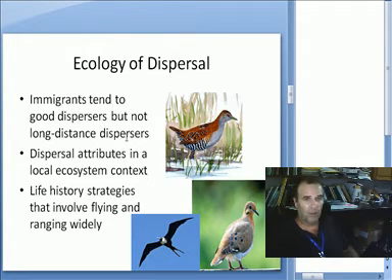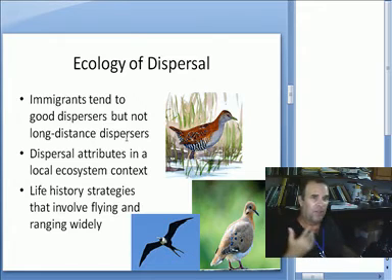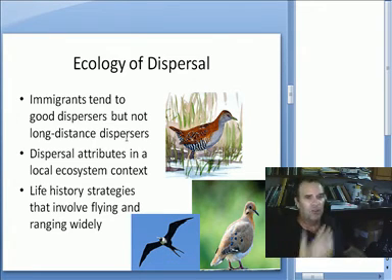And this is where dispersal comes in. Some animals and some plants follow the strategy of being able to disperse easily to try and find areas within that ecosystem where the resources are not being monopolized by highly competitive organisms. In other words, they try and get away from competition.